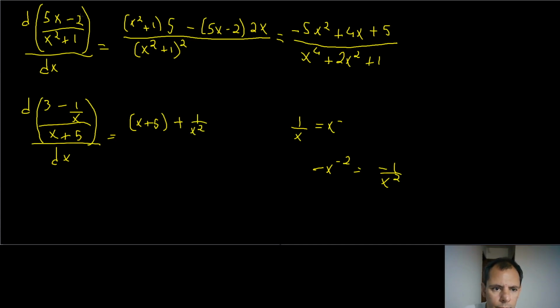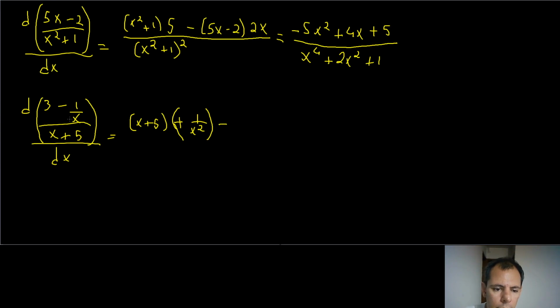Okay, I'm going to erase this stuff in here. So we have, oh, actually, we've got to multiply this, because it's g of x times the derivative of f of x, and the derivative of f of x is this.